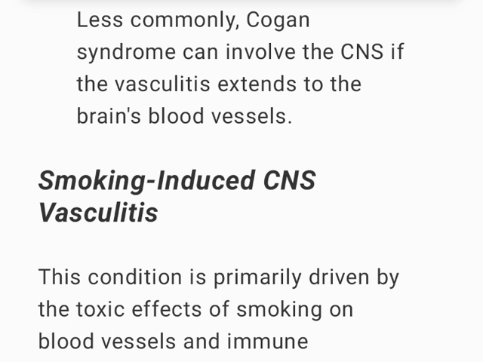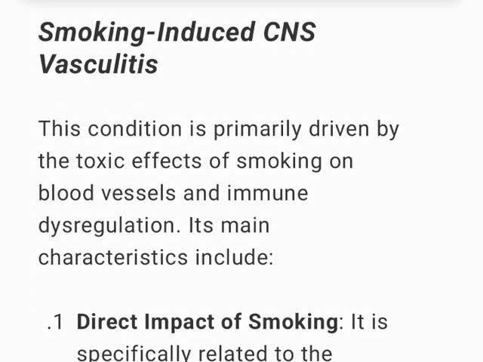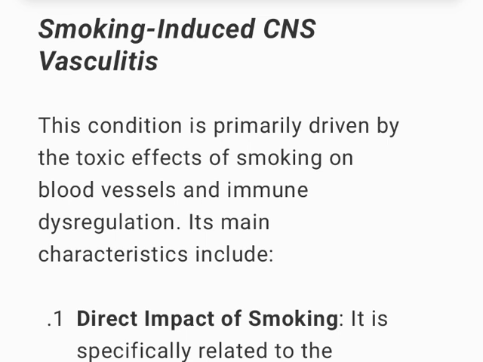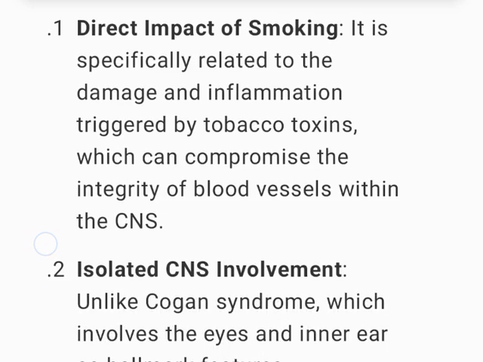brain's blood vessels. Smoking-induced CNS vasculitis. This condition is primarily driven by the toxic effects of smoking on blood vessels and immune dysregulation. Its main characteristics include, one, direct impact of smoking. It is specifically related to the damage and inflammation triggered by tobacco toxins, which can compromise the integrity of blood vessels within the CNS.